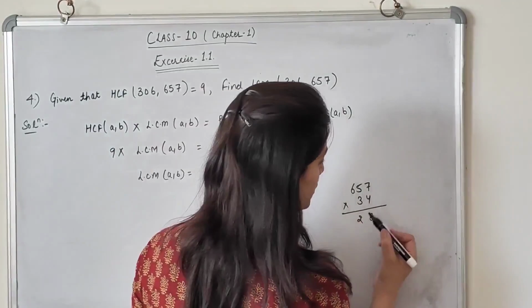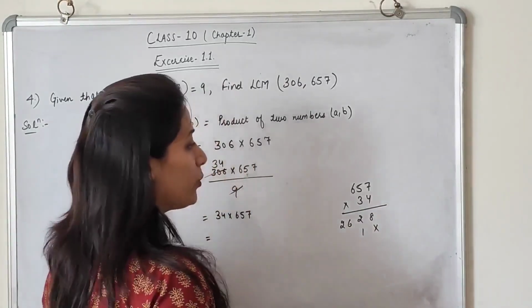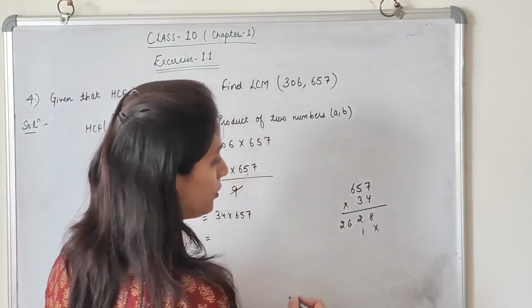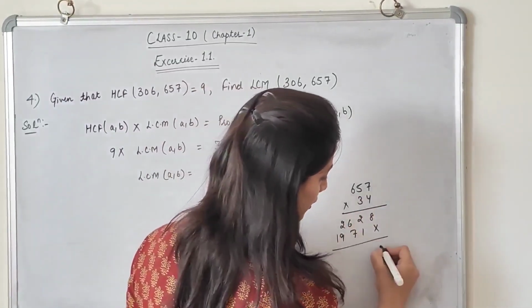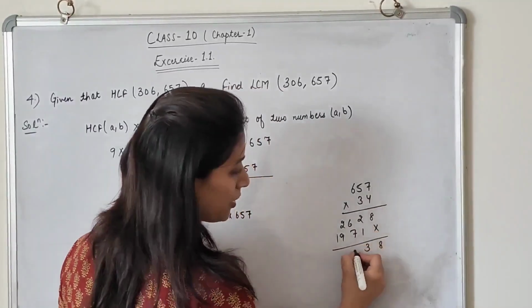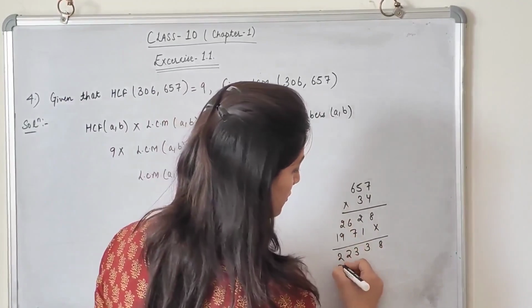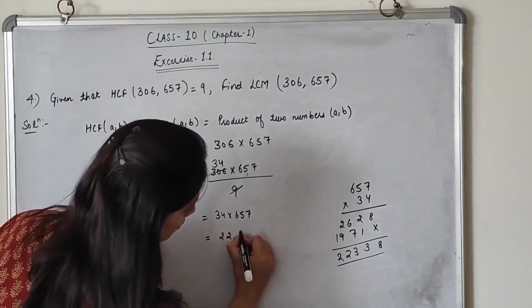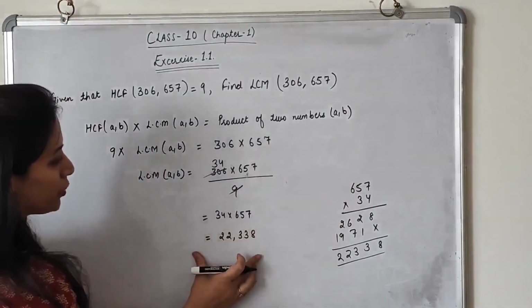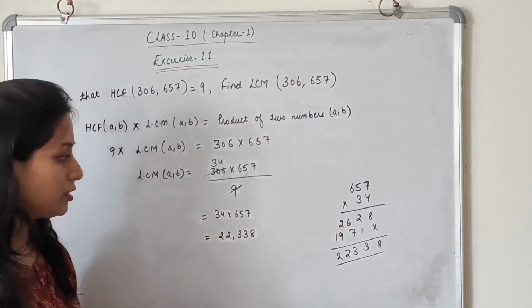Again 2 carry, 6 4s are 24, plus 2, 26. 7 3s are 21, 2 carry, 5 3s are 15, plus 2, 17. 1 6 is 6, plus 1, 7... the answer is 22338. So LCM of these two numbers is 22338.